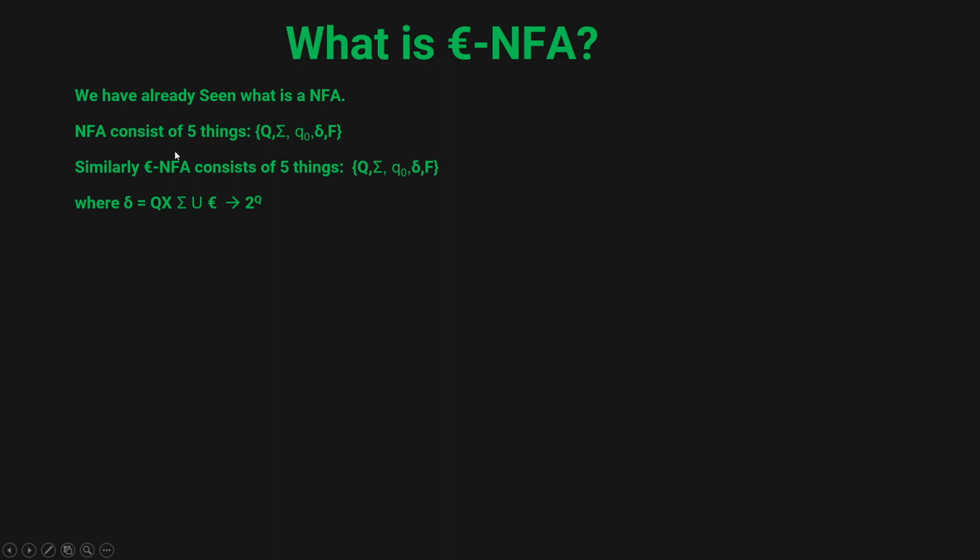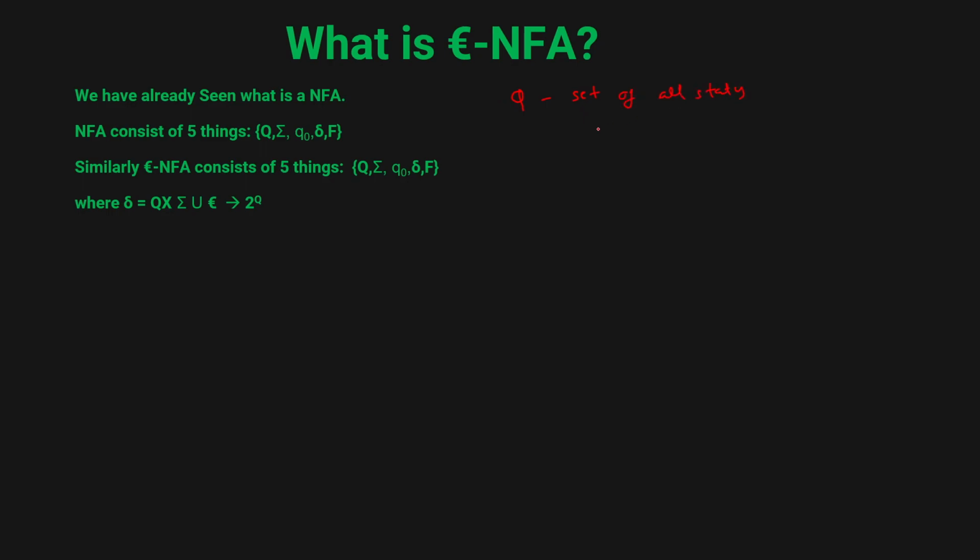Okay. So just in short revision, NFA consists of 5 tuples or 5 things, that is Q, sigma, Q naught, del and F. Now what is Q? Let's just revise it quickly. Q is the set of all states.